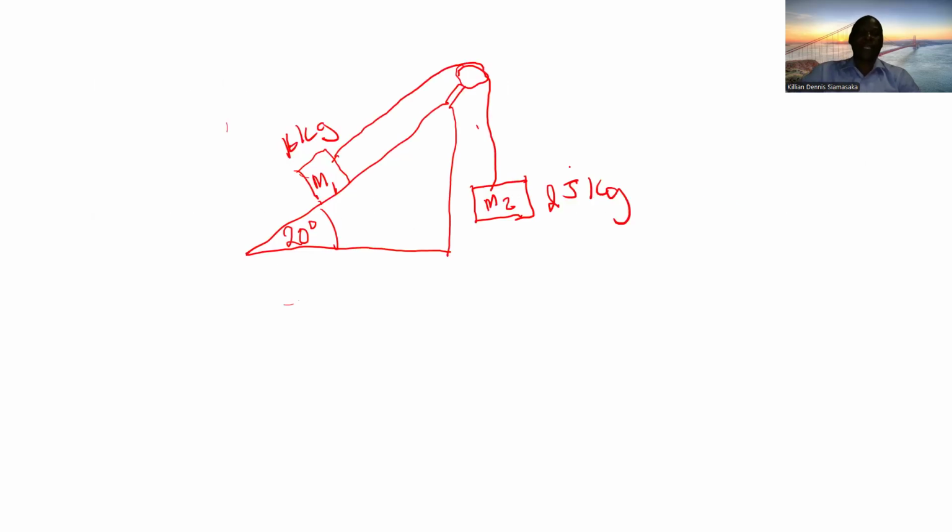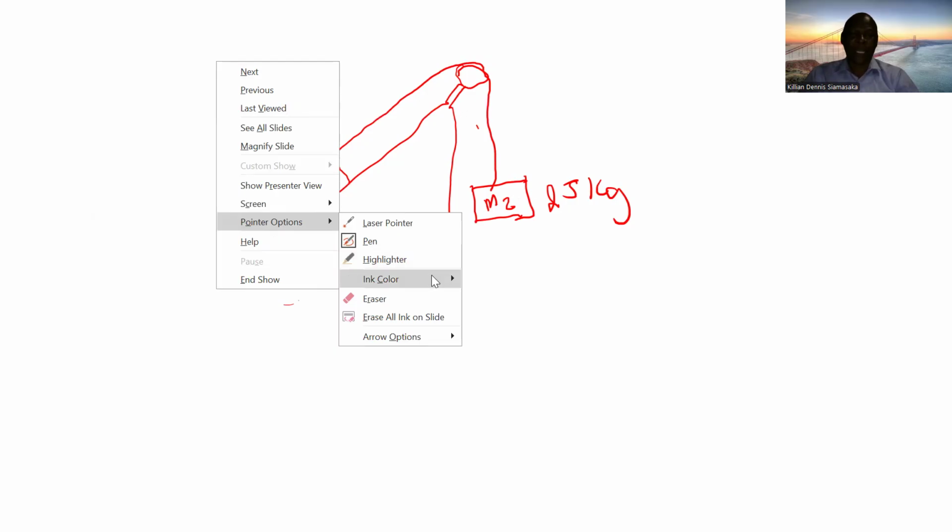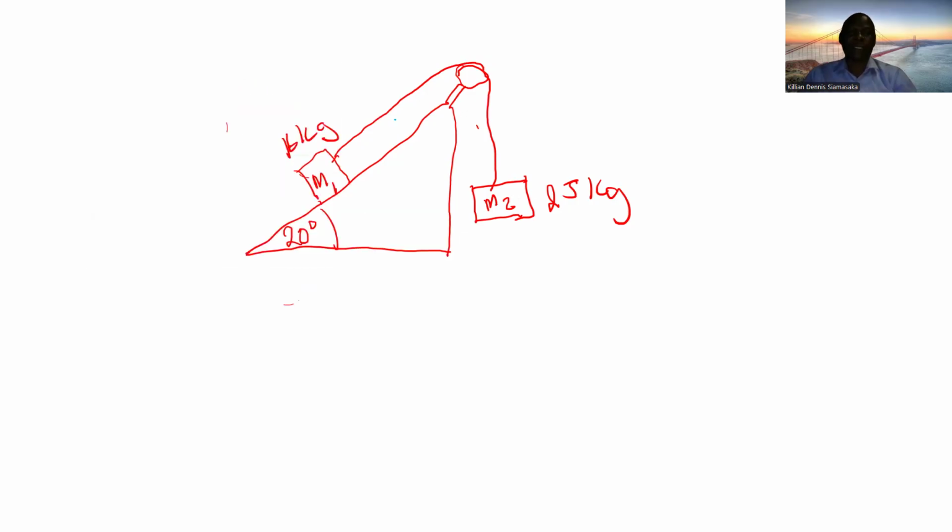And so we have said that this is the orientation of the objects. We can identify the forces at play by fully understanding the question. There is no friction on the pulley and the rope cannot extend.